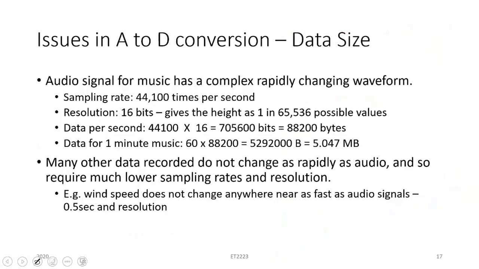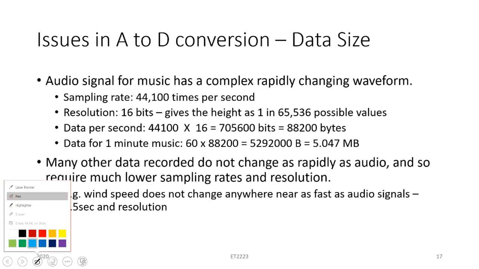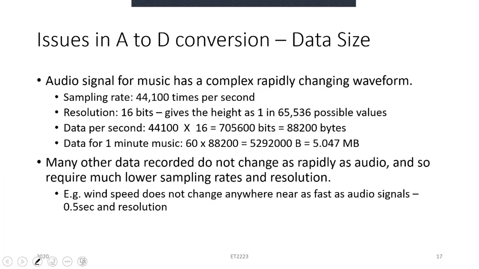Another bigger problem that we would have with analog to digital conversion is the problem of significantly higher data size being needed once it is converted. Let's again take the example of sound. As I said, it is commonplace to use 44,100 as the sampling rate, and 16 bits as the resolution for each quantization.